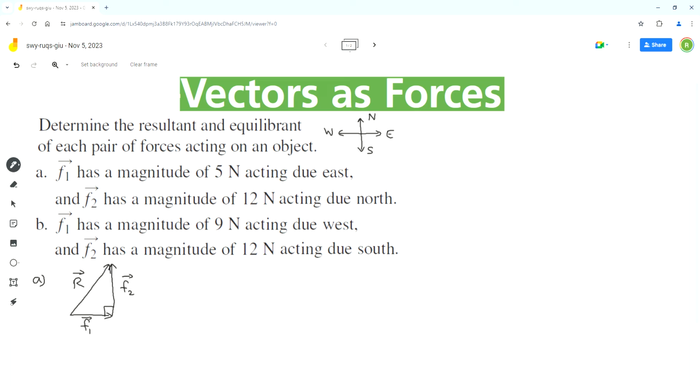So our equation will be the magnitude of the resultant squared equals F1 squared plus F2 squared. Now we know that F1 has a magnitude of 5 newtons and F2 has a magnitude of 12 newtons.